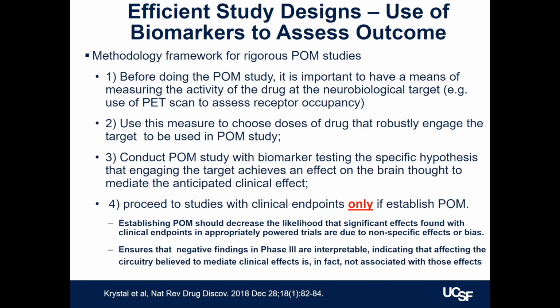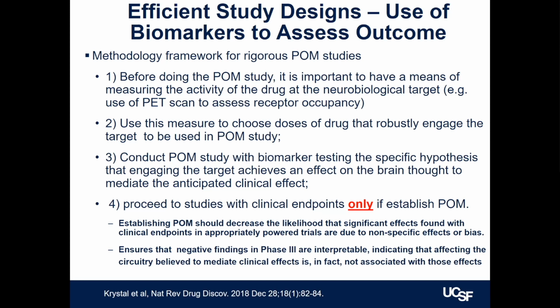The other part of it is that our field suffers from the problem that we get negative findings in our phase 3 big trials, and we don't know why. So you get a negative study in a phase 3 trial, and then you say, I think the dose was too low, or I think, whatever. You have some issues like that.